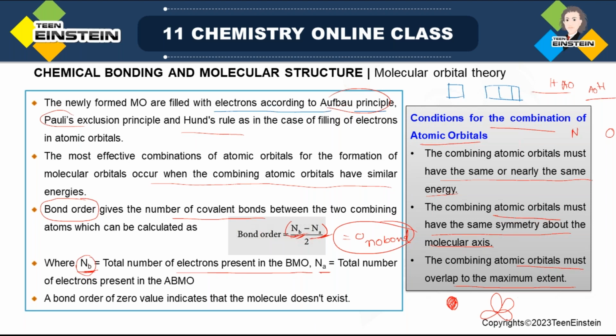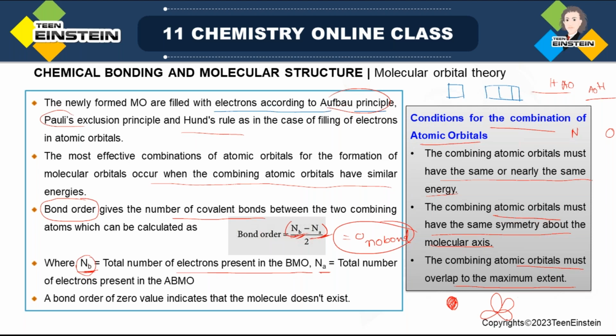So a bond order of 0 indicates that the molecule doesn't exist because there is no bond present. In this way you can also prove whether a bond is present or not. You may get a question where 4 species are given in options 1, 2, 3, 4, and it is asked in which case the molecule doesn't exist.